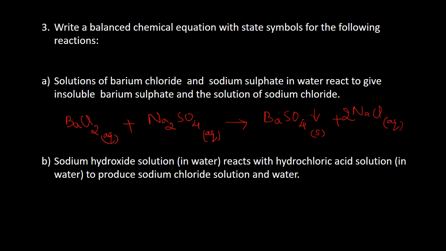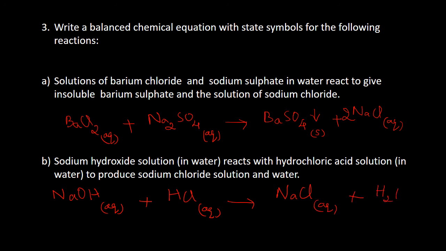Now next question, sodium hydroxide solution in water, means it is aqueous. Let us write the chemical formula for sodium hydroxide, NaOH aqueous, plus hydrochloric acid solution. Solution means it is aqueous. Produce a sodium chloride solution. Again sodium chloride solution, so aqueous, plus water, which is a liquid.